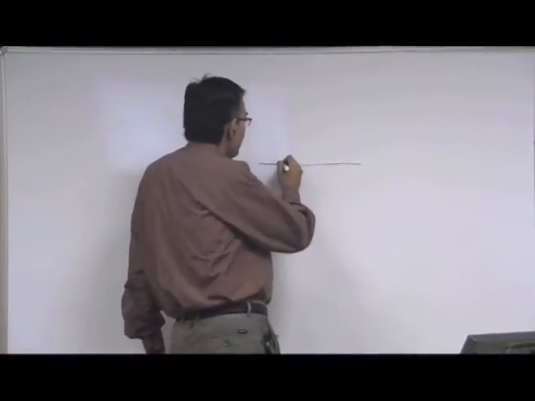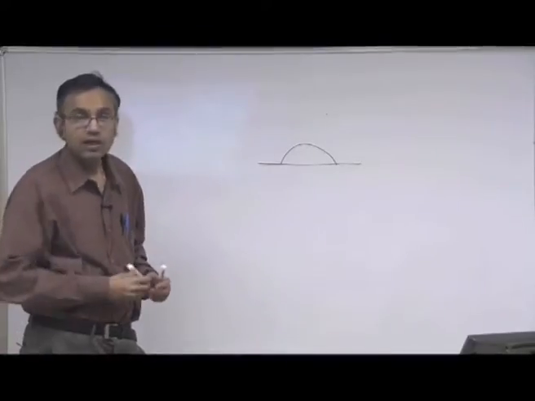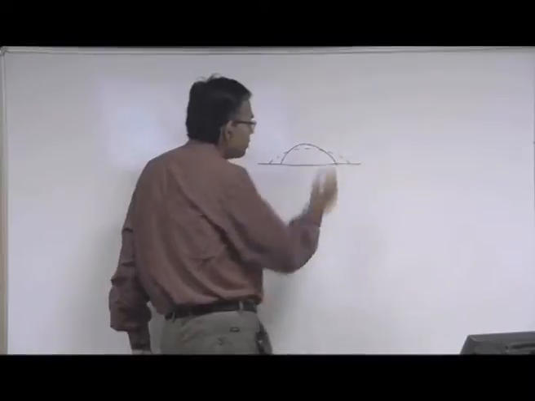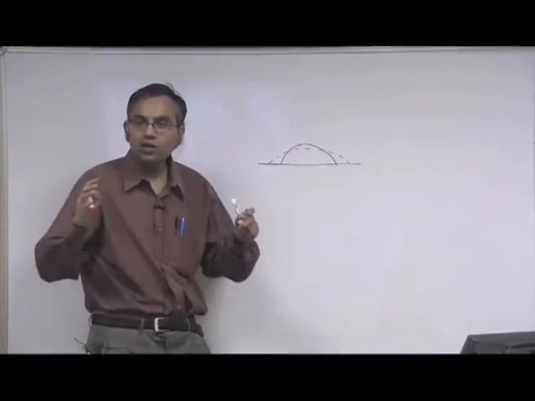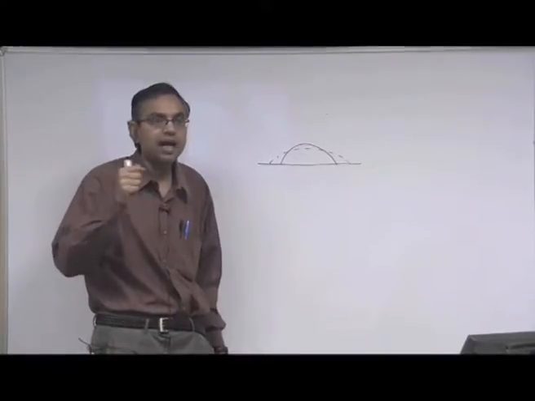If you have a droplet and you apply a voltage, then it will spread like this, it will become like the red dotted line, but the contact angle will change equally on both sides. So that will not give a net driving force.